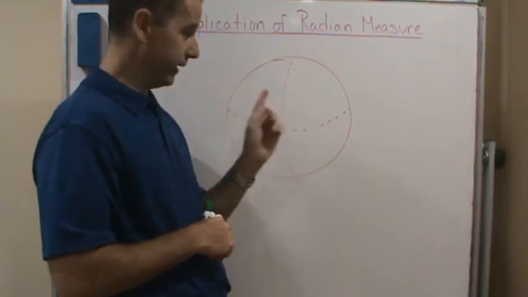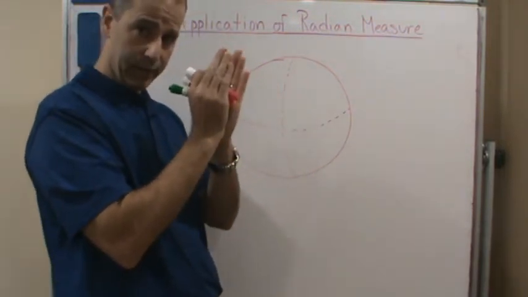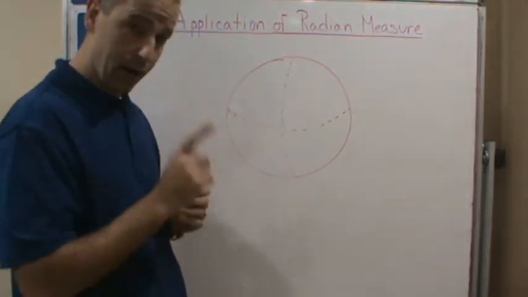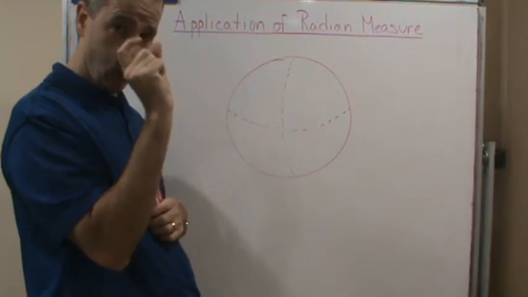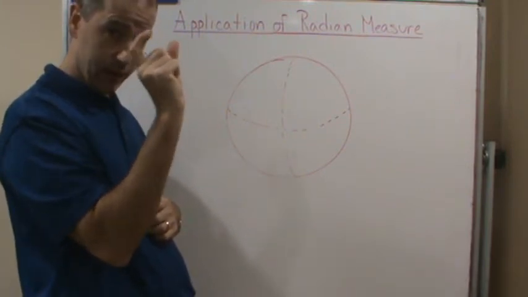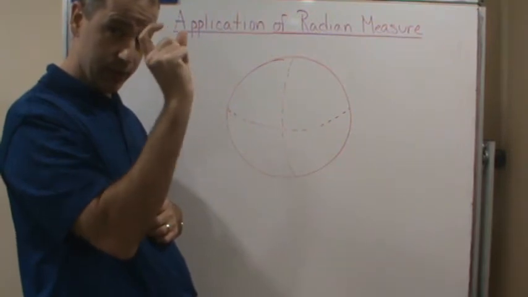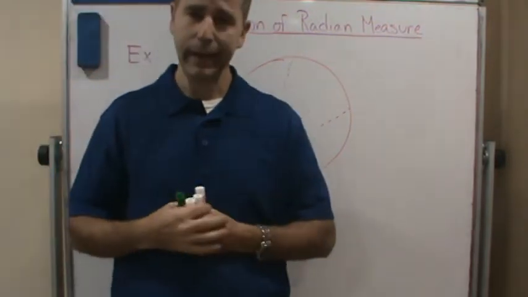So when you have a central angle of 1 minute from the center of the Earth, that arc length on the surface of the Earth is defined as a nautical mile. That's the traditional definition.